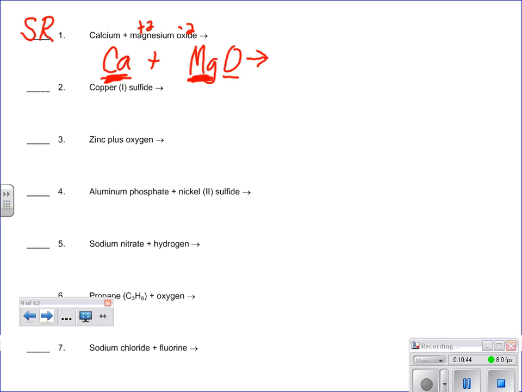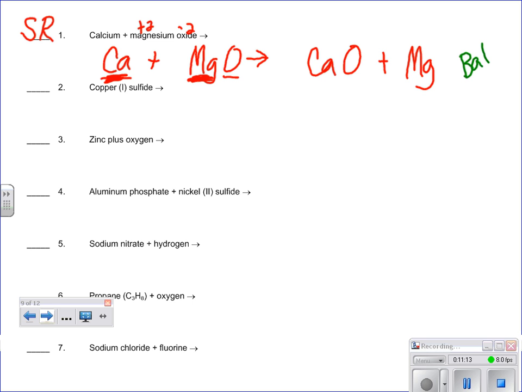Therefore, in words, and it's a good idea to think about in words what this forms, it's going to form calcium oxide plus magnesium. So calcium oxide plus 2 minus 2 plus magnesium. That's it. So now we go through and balance, and yes, it's all balanced. So everything's good.